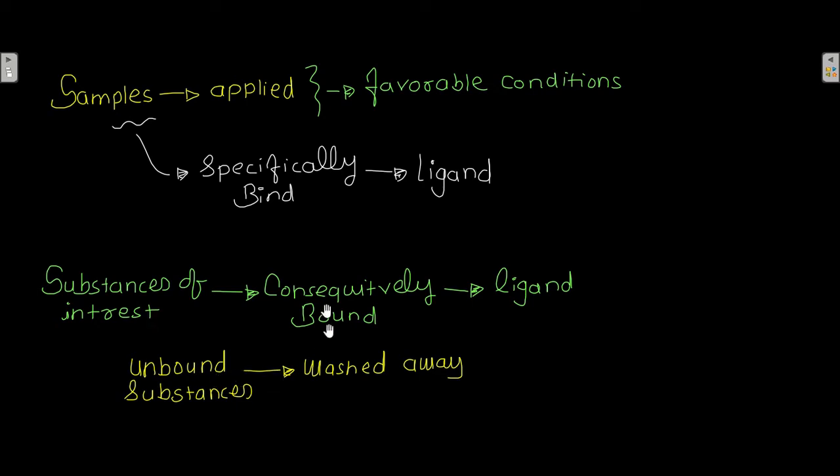So you put a mixture through the stationary phase, and in it there are substances that you want to isolate, and some substances which are impurities for you. The substance of interest will bind to the ligand, and the unwanted unbound substances will be washed away. So that is how affinity chromatography works.